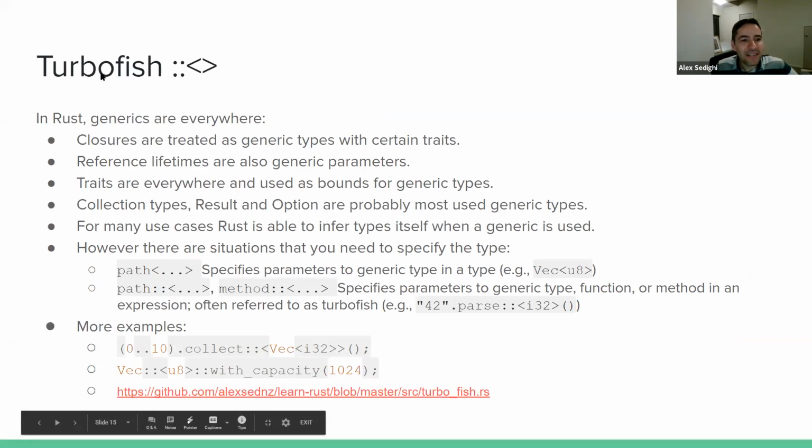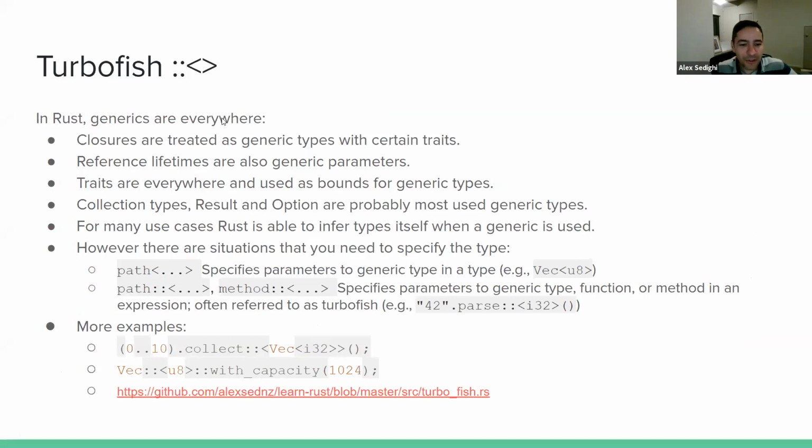The other interesting thing about generics is this turbofish, and that's the last thing that I want to share with you. Again, in C++, when you introduce a generic parameter, you use angle brackets, and when you specify the type for a generic parameter in an expression, you again use the same angle brackets.